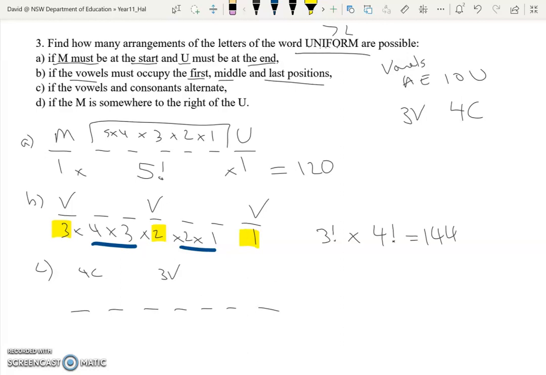So when you alternate, begin with the one that is one higher. So therefore I'm going to begin with a consonant, and then a vowel, consonant, vowel, consonant, vowel, consonant. See, 4 consonants, 3 vowels.